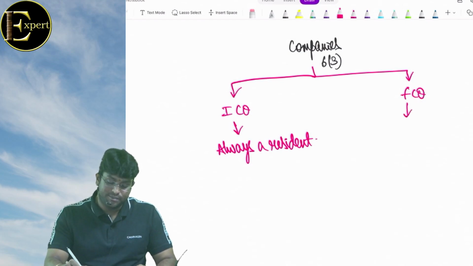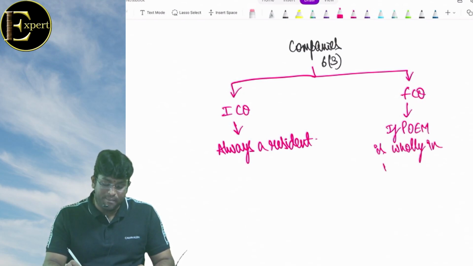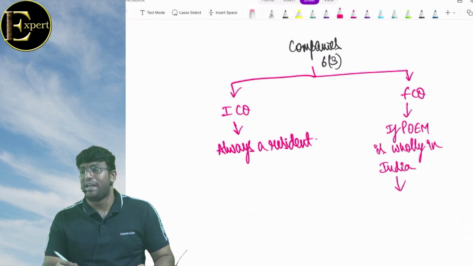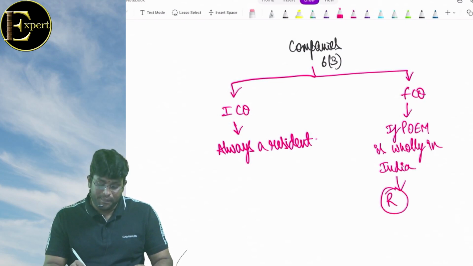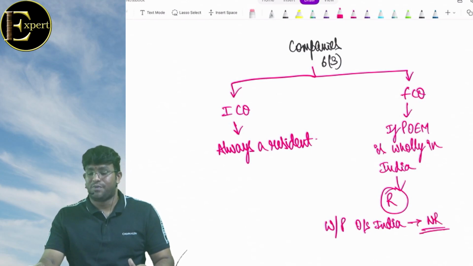Foreign company: POEM, place of effective management. If POEM is only in India, we'll call it resident. If wholly or partly outside India, we'll call it non-resident. There's no classification called ROR, RNOR and all.